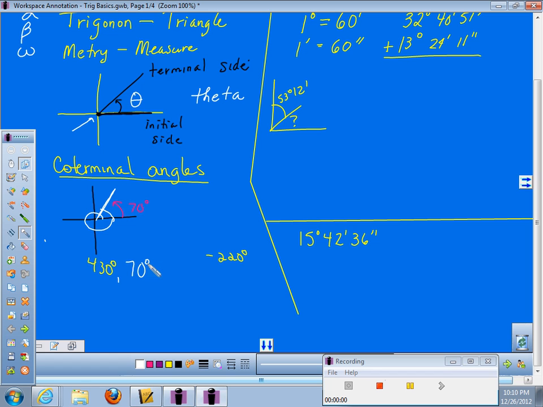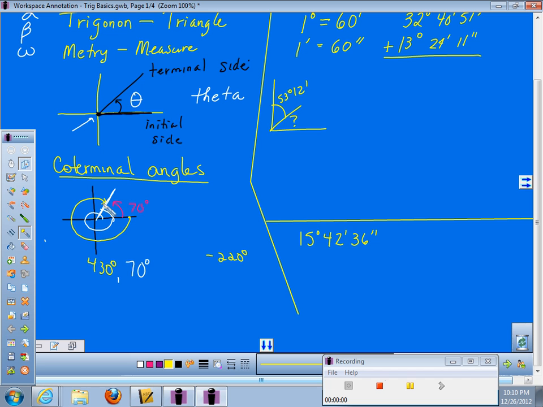430 degrees. Okay, you're going to be asked to name a positive angle and a negative angle, which are coterminal. Negative angles simply go around backwards. So if you're asked to name a negative coterminal angle, that means you need to start at the positive x-axis, and you need to ask yourself, if I had my angle go around the circle backwards, how many degrees would that be?